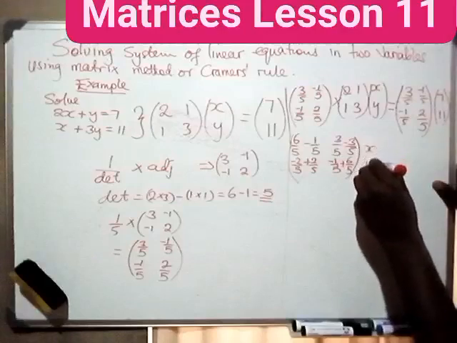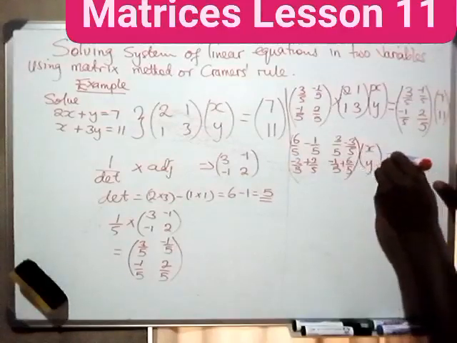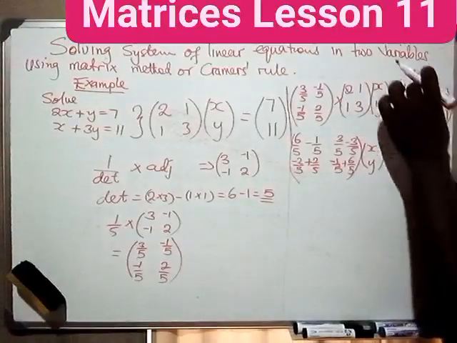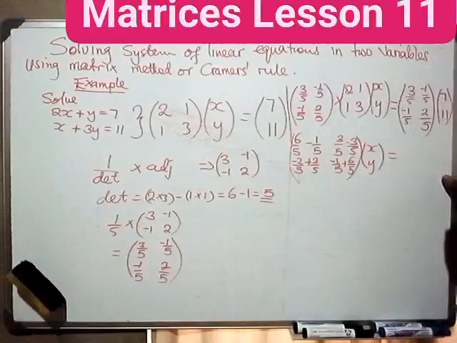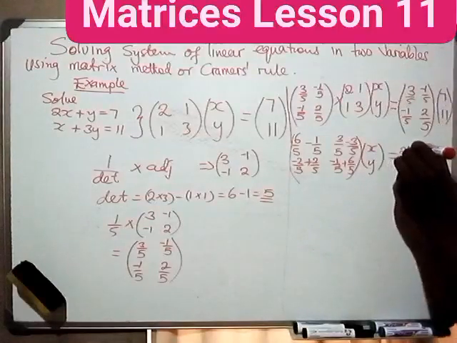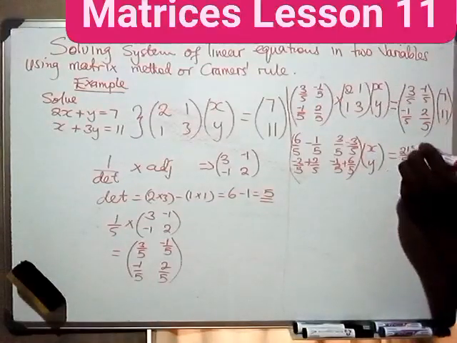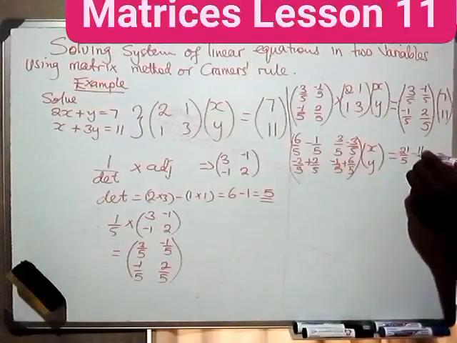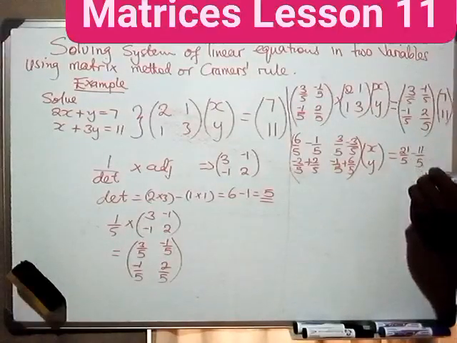So we have x and y as usual equal to, we expand these again. 3 multiplied by 7, we are going to have 21 over 5. This multiplied by this, we're going to have minus 11 over 5.